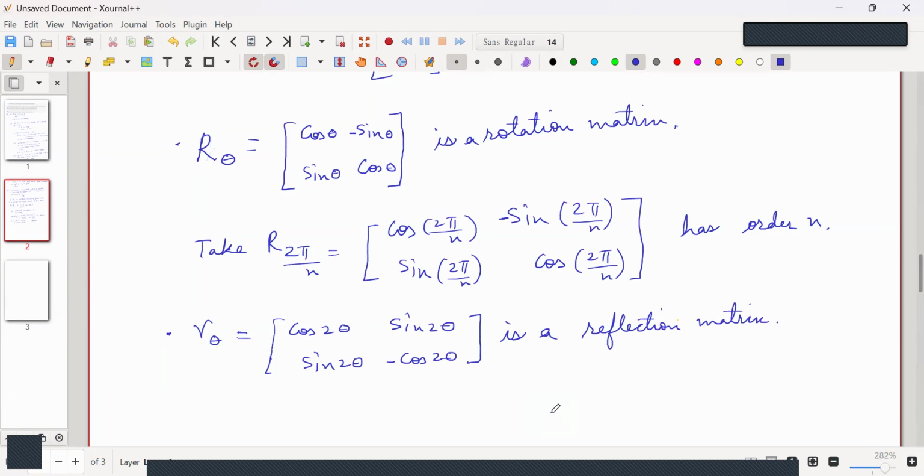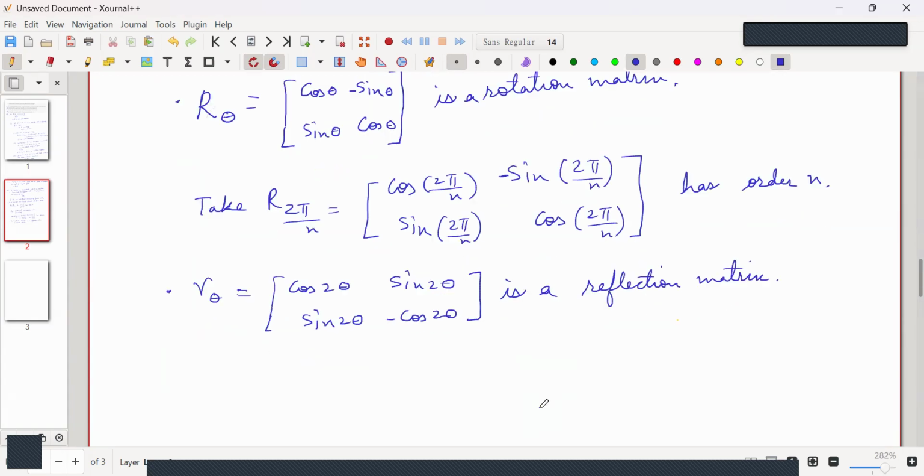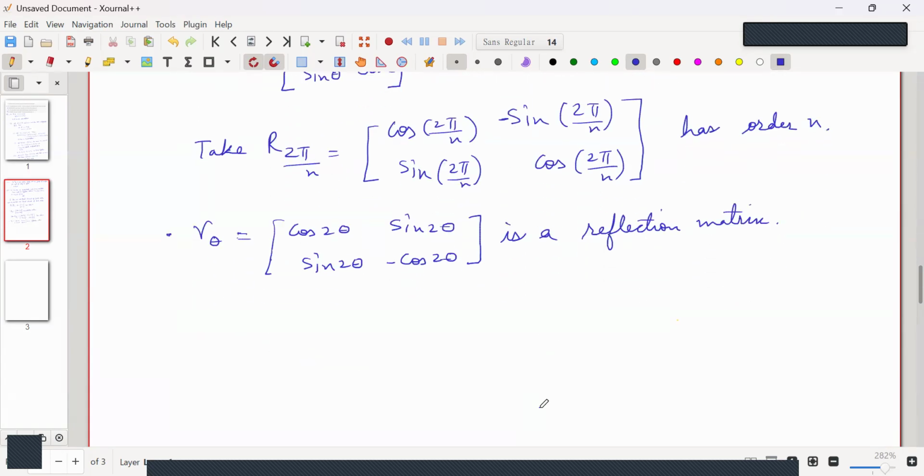So there is one more approach to start your group theory course, and that is through symmetries. If you are following that approach, then these matrices are defined in the very beginning, and then the course develops as a symmetry course.